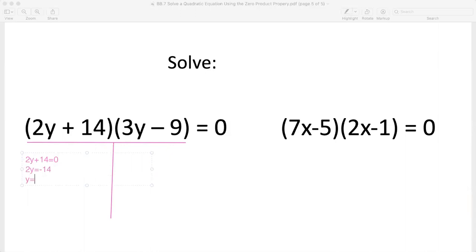So y equals negative 7. On this side, it would be 3y minus 9 is 0. So 3y equals 9. So y equals 3. All right, why don't you try this one? Push play when you're ready.